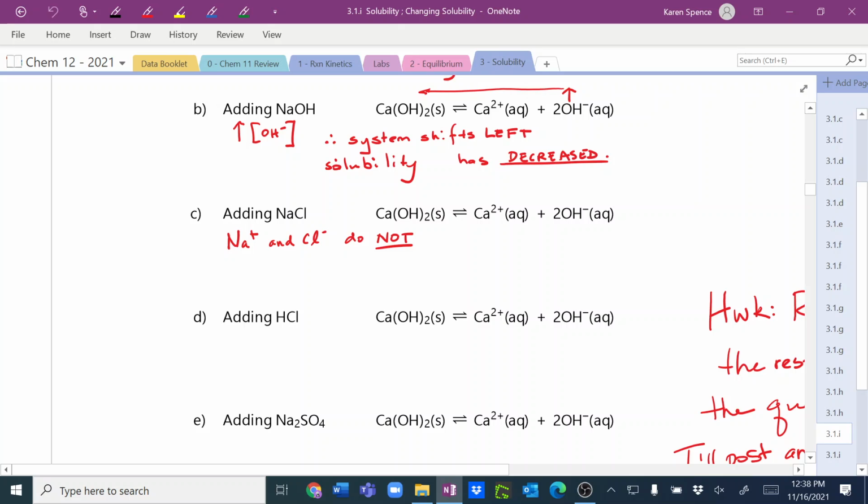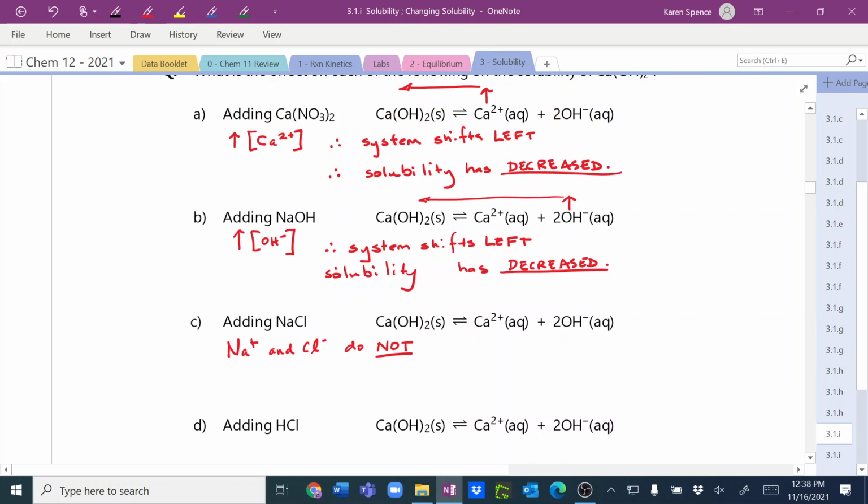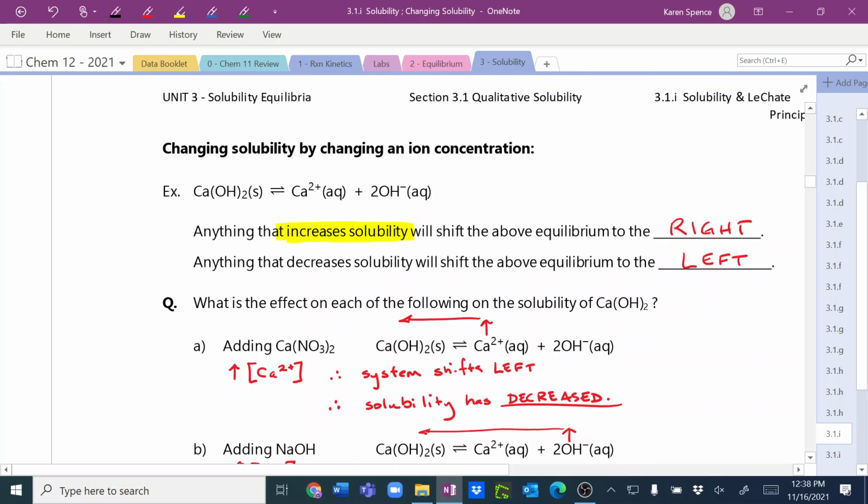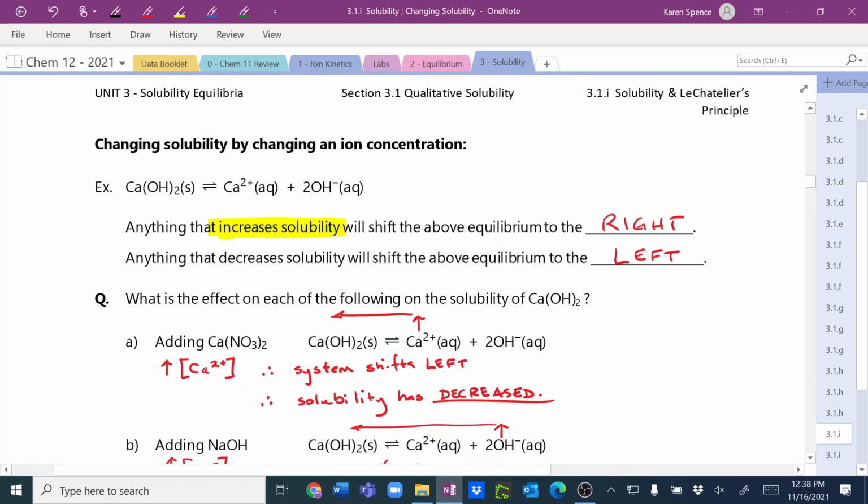All right, so we got partway through. This is on, what page are we on? Page 39.